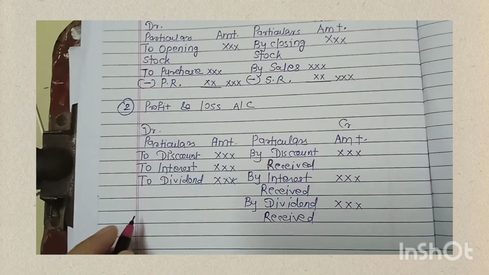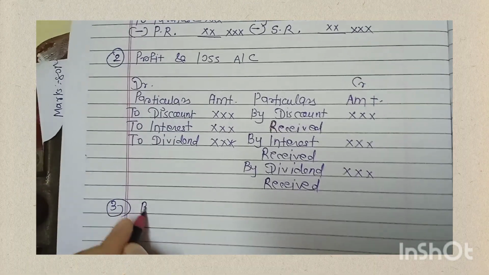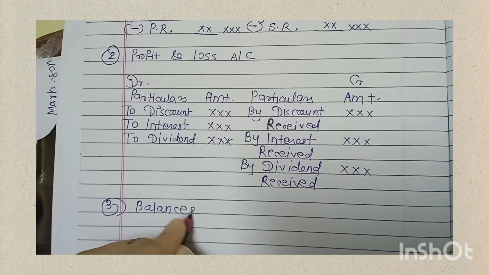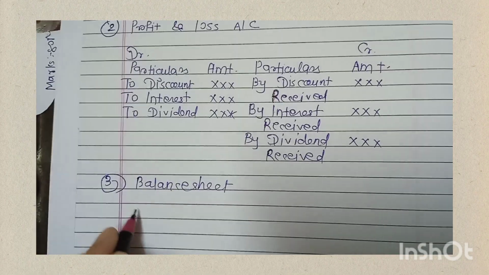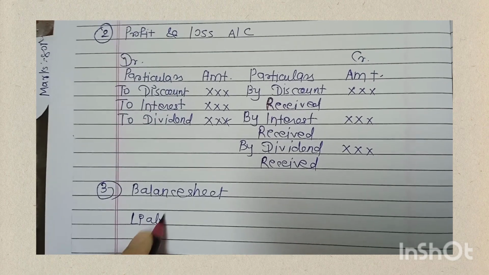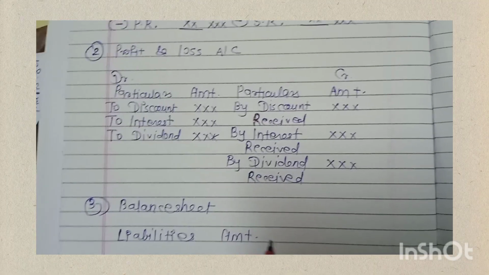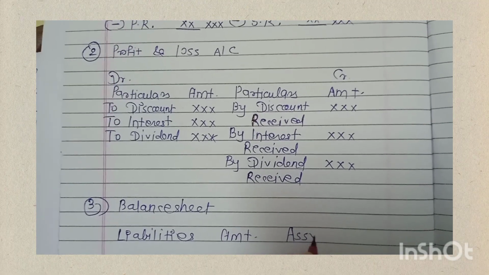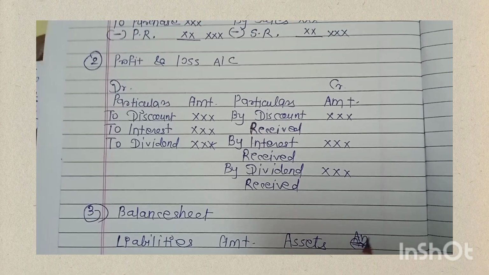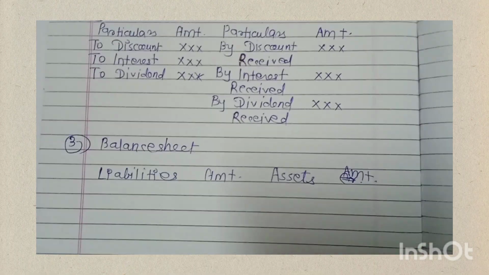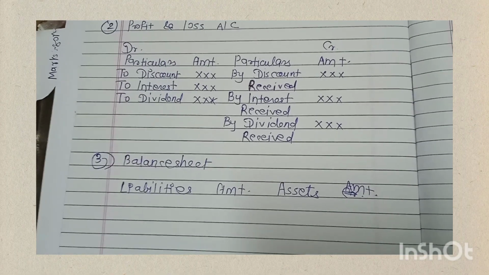Now we will see the third one, the balance sheet, which is very important, and you all know it is a statement. On the left side we write liabilities, and on the right side we write assets. We don't write debit or credit on either side, but it silently says that it is debit or credit.